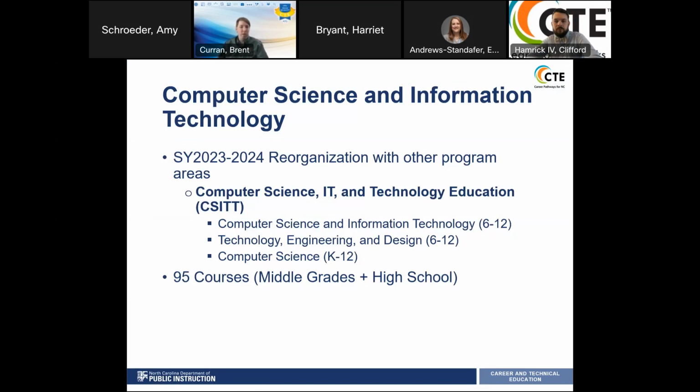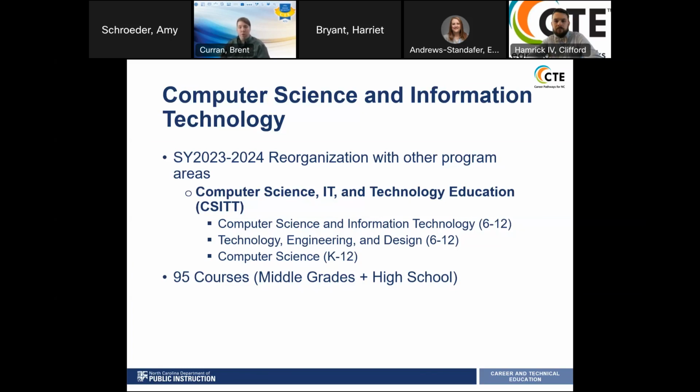That is taking computer science and information technology from CTE, which serves grades 6 through 12, and sometimes grade 5 for career awareness, and technology, engineering, and design education, which is typically your engineering courses for 6 through 12 in CTE.